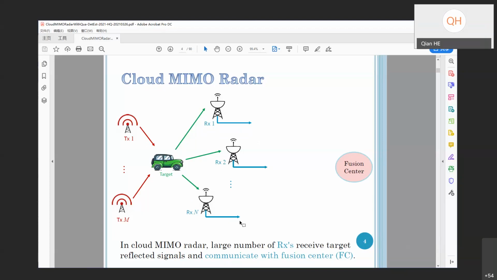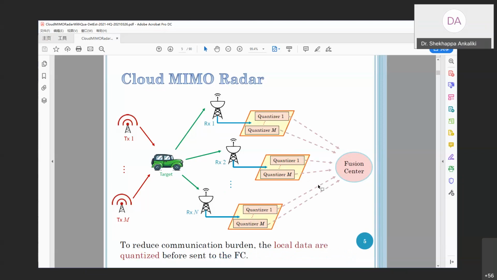You might have a lot of receivers, a lot of sensors, and they are going to collaborate. They receive signals and send them to a fusion center, possibly via a wireless way, right? If they do this, you need to think about the communication burden between the local receivers and the fusion center, which might be huge. So this is a problem we need to think about.